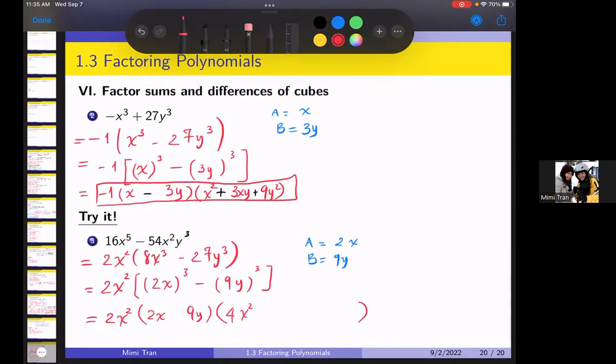And 3y times 3y is 9y squared. Oh, I said 9y earlier; my bad, it's 3y. And then a times b, so 2x times 3y is 6xy.